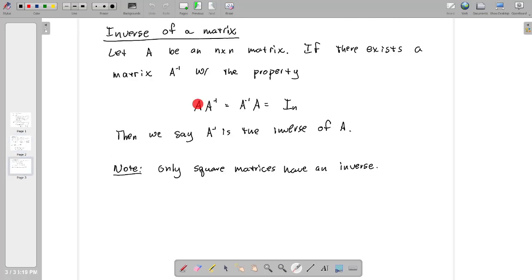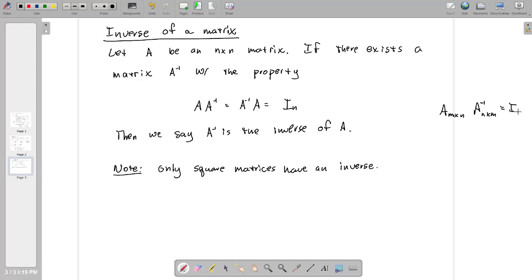Furthermore, A times A inverse is equal to A inverse times A. So A inverse and A are commutative. This might be obvious to you because A times A inverse and A inverse times A are both defined, and they're defined as I sub n. Right, so if let's say that A is m by n, then A inverse would have to be n by m.